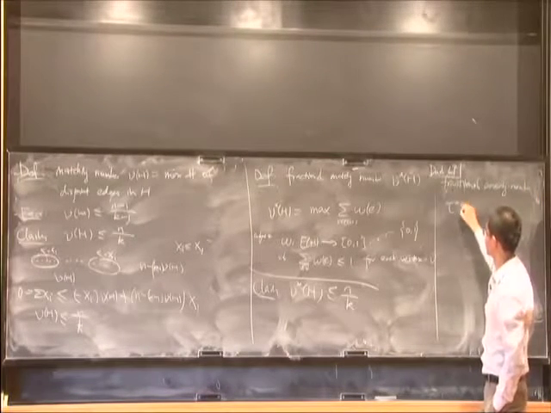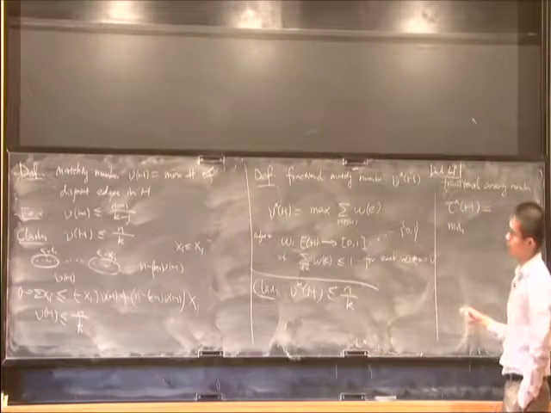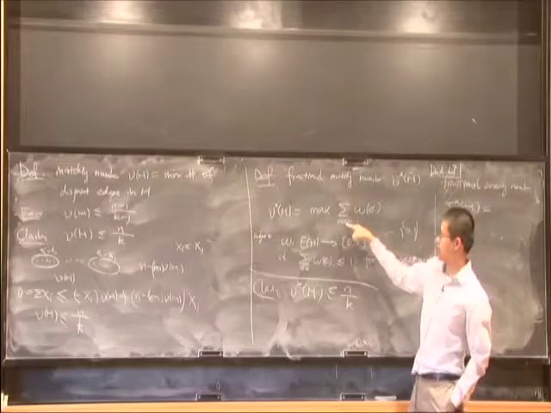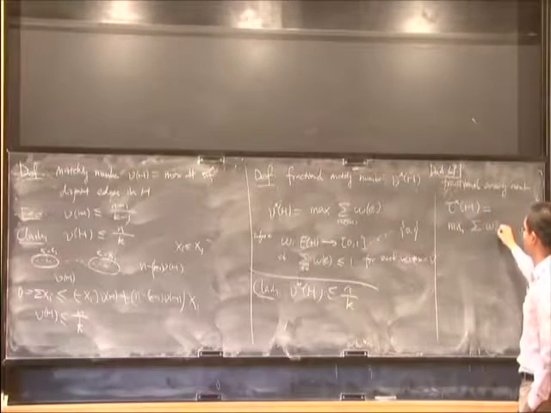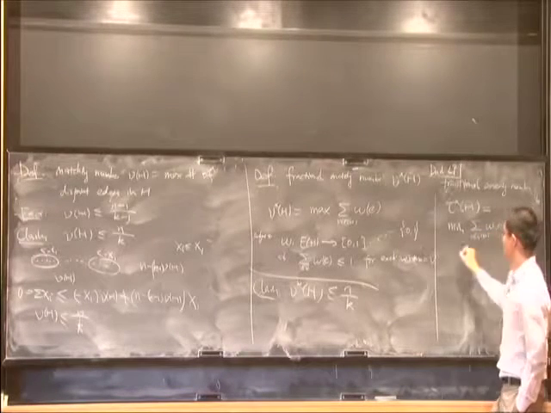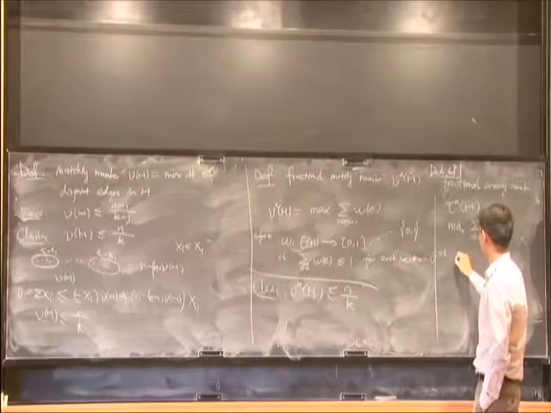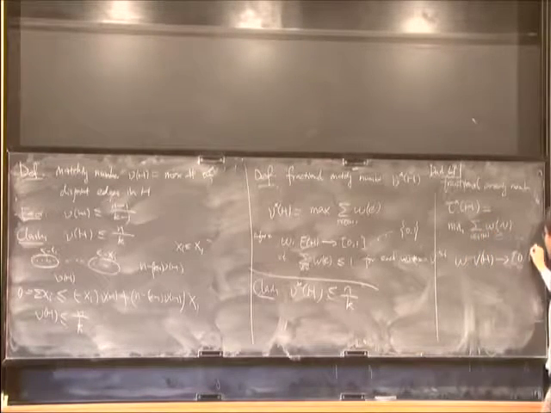Tau star of H. This is just defined as the minimum. Now instead of putting the weight on the edges, we put the weight on the vertices, and we want to minimize the total weight on the vertices, such that, first of all, w is a function from the vertex set to [0,1].